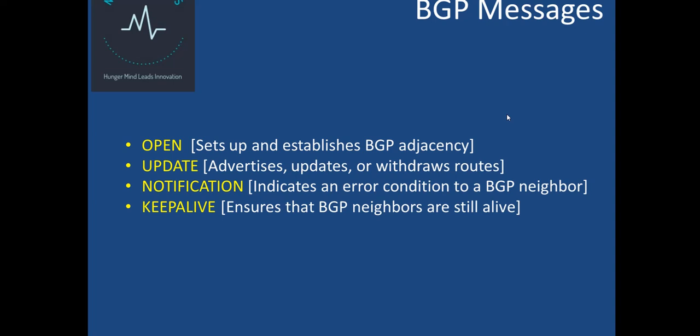The next one, the update message, is used when a new prefix has to be advertised to the peer. If a prefix got updated from one of its neighbors and has to be advertised onward, it uses the update message.